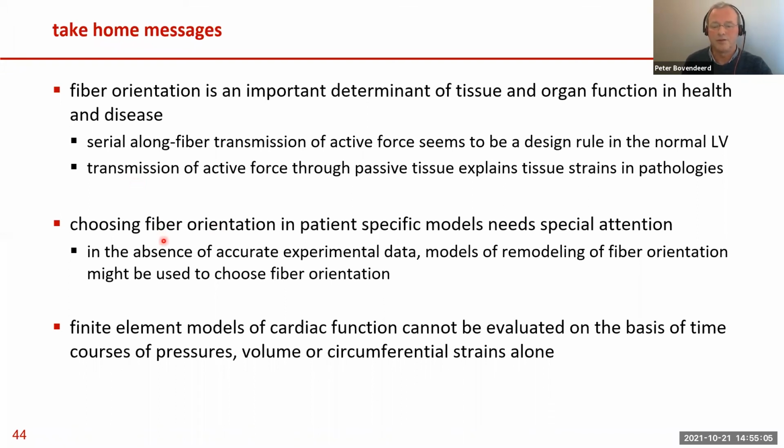It's important to choose patient-specific fiber orientation well, and we might use remodeling algorithms to determine this. And finally, maybe I did not stress that too much, but we have seen that cavity volumes and circumferential strains are not very much affected by the choice of fiber orientation, but shear strains are. And if we want to create realistic models of the complete shear in the cardiac walls, we need to validate those models on shear strain also.